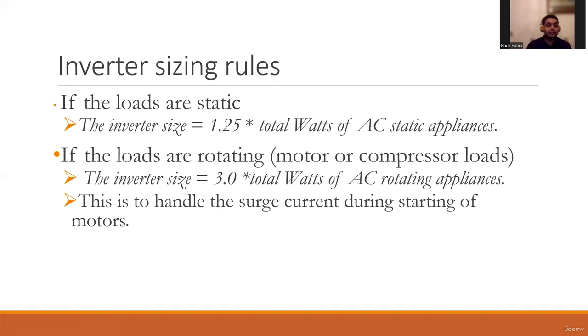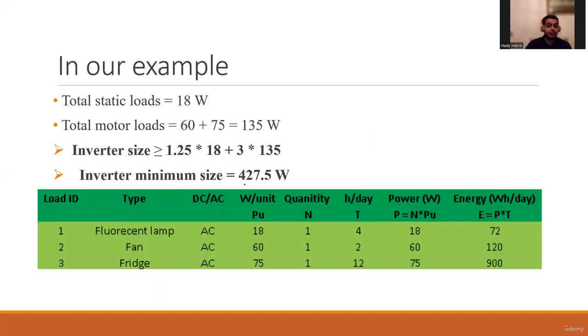And for the rotating loads, we multiply by 3 in order to avoid problems that happen during the starting of the rotating or motor loads of some machines, compressors, fridges, and many other rotating machines, fans, for example.